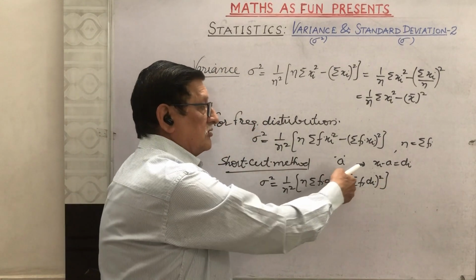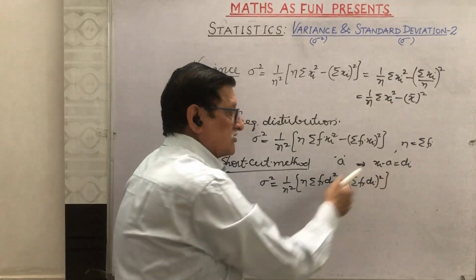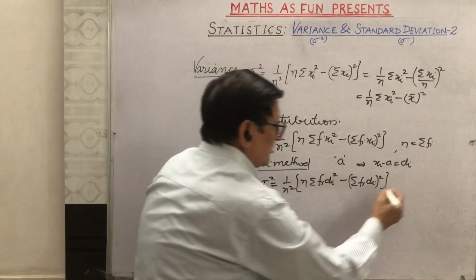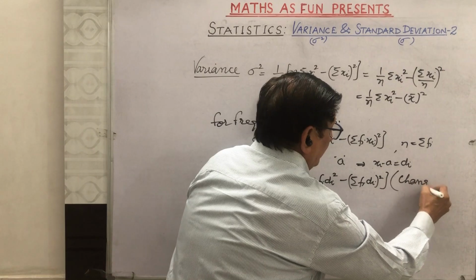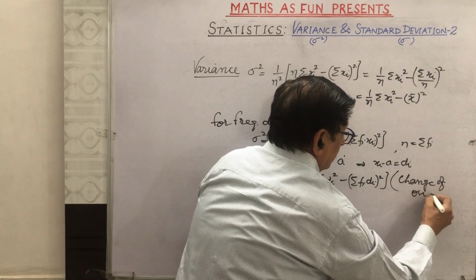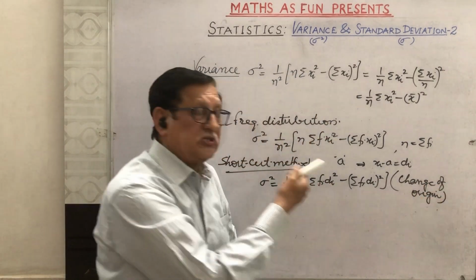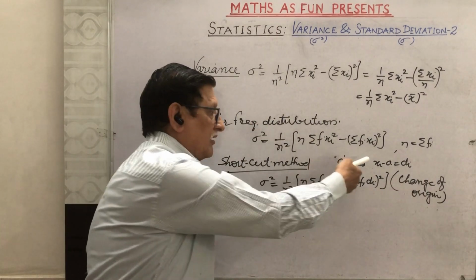Since we are taking assumed mean as A, this is also known as change of origin, as the origin has been changed from 0 to A.